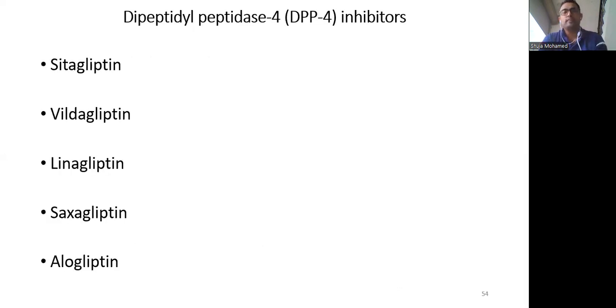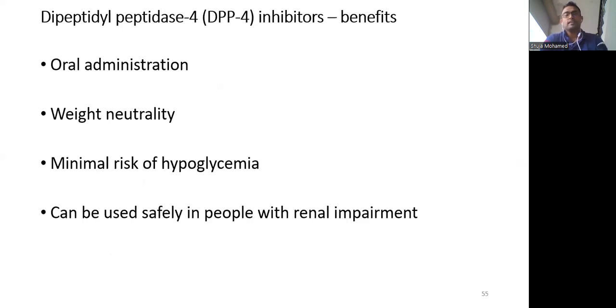A few names of DPP4 inhibitors: sitagliptin, and all the drugs ending with gliptin are mainly DPP4 inhibitors. They are given orally and are weight neutral, that means no weight gain, with minimal risk of hypoglycemia.